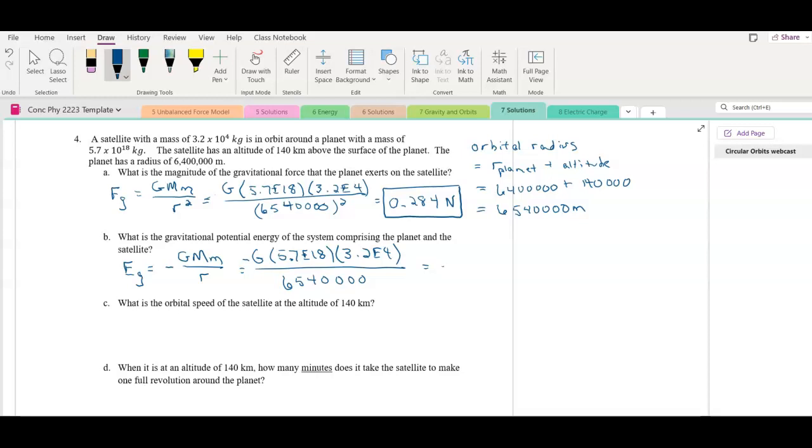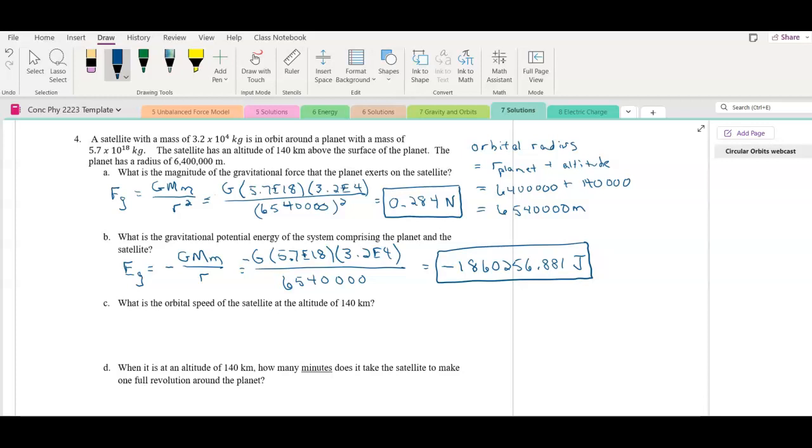And so I get negative 1860256, and this would be joules because it is energy. That's the gravitational potential energy of the satellite.